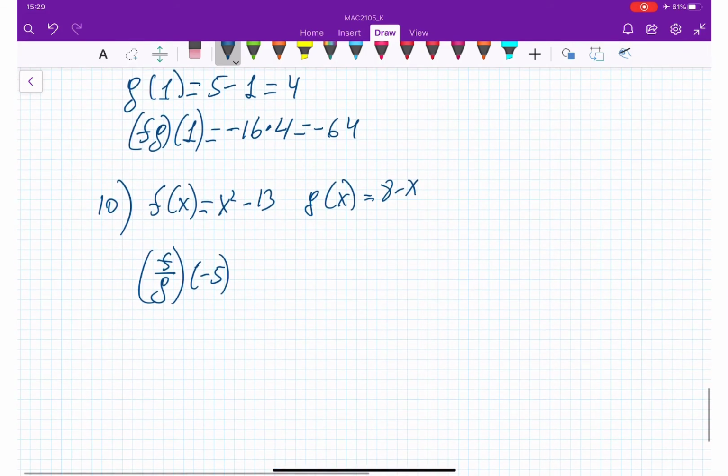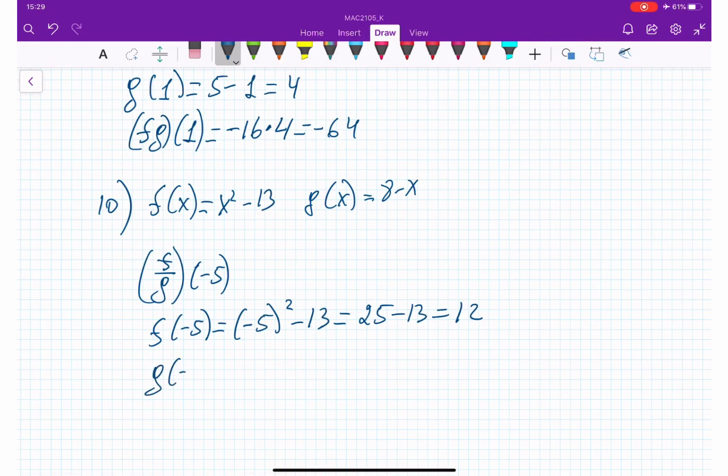All right, so f of negative 5 is going to be equal to negative 5 squared minus 13. We get 25 minus 13, we get 12. And g of negative 5 is going to be equal to 8 minus negative 5. And we get 8 plus 5, which is equal to 13, right?